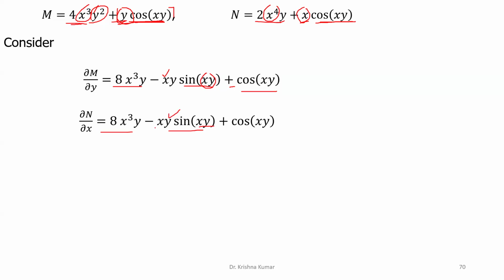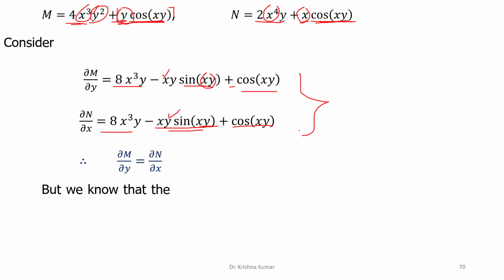So this is minus xy sin xy plus the derivative of x, which is 1, times cos xy. Now if we see these two terms, both are similar. Therefore ∂M/∂y equals ∂N/∂x.